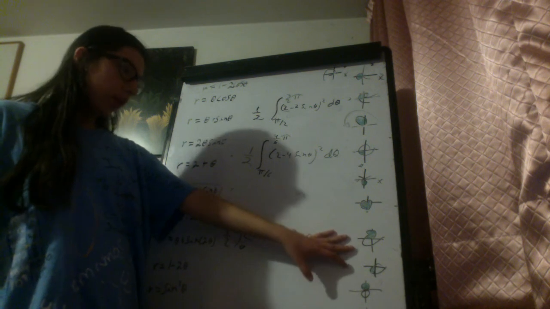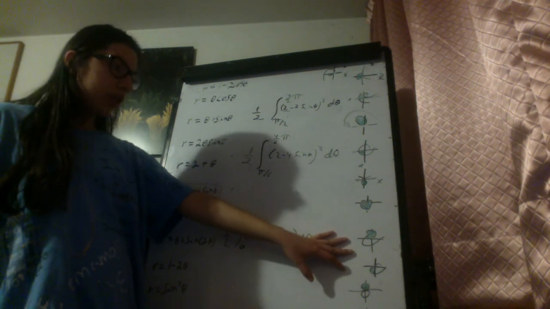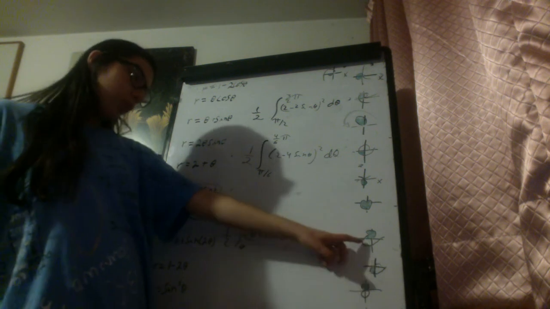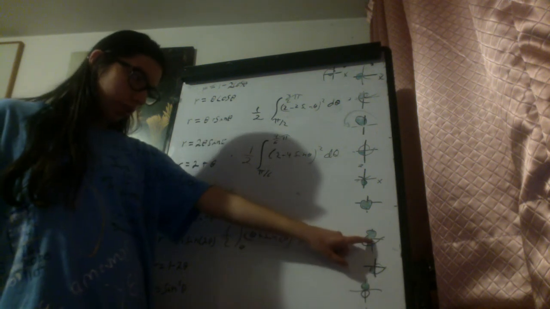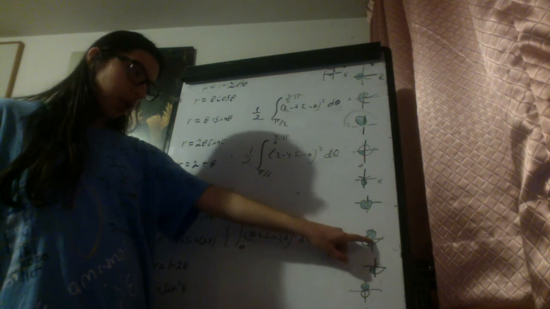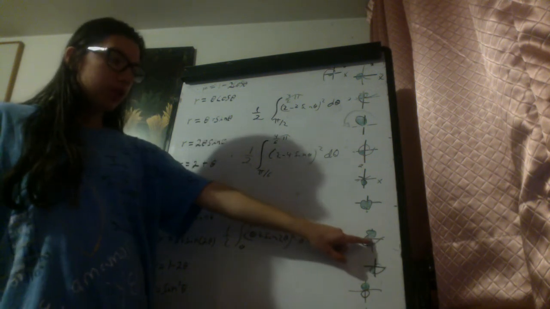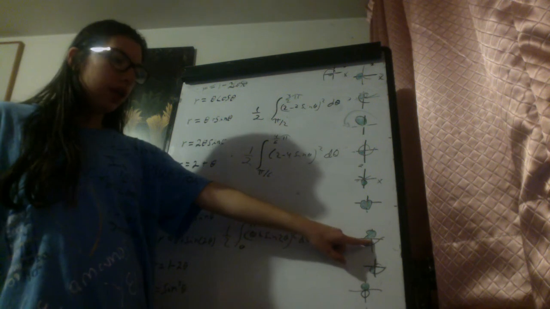The other way of doing that is, yes, we want the area that is in the first and second quadrant, but also you can say the area that goes from r equals 0 to the x-intercept. But remember that when r is equal to 0, that's a y and x-intercept.